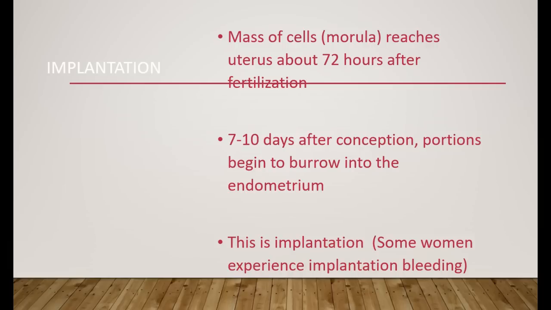Now, some women are going to experience implantation bleeding, which is as this morula embeds into the uterus, there's a little bit of bleeding that may occur, so mom's going to have a little bit of spotting. It should not be major bleeding, and this is called implantation bleeding.